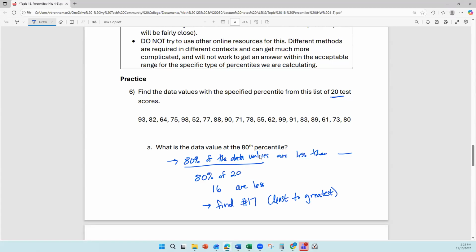So send data to calculator and sort if you have that option. Here I'm just going to cross off things that I see that are on the low end and count until I get to number 17. Well, I'll number them. So 52 is number 1, 55 is number 2, and I'll keep going. 3.